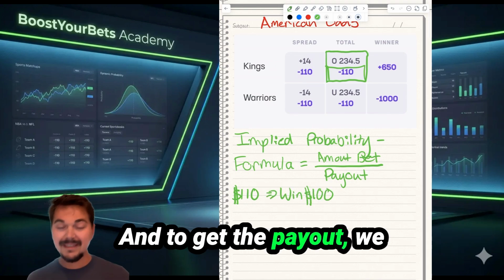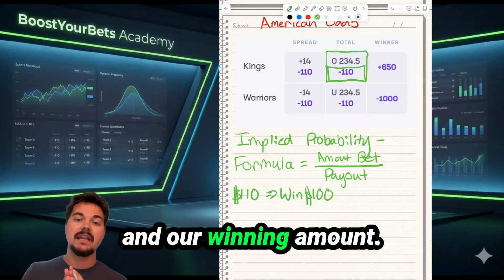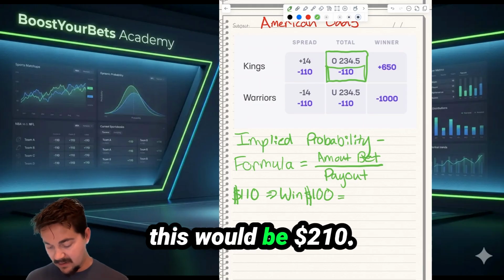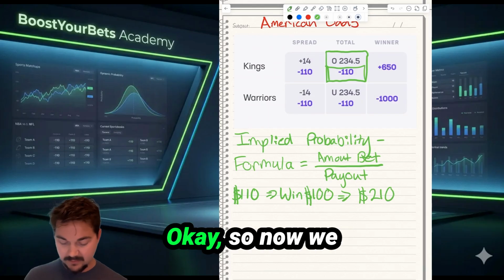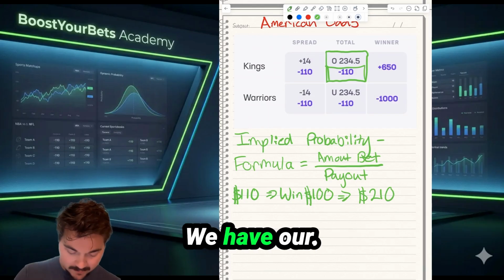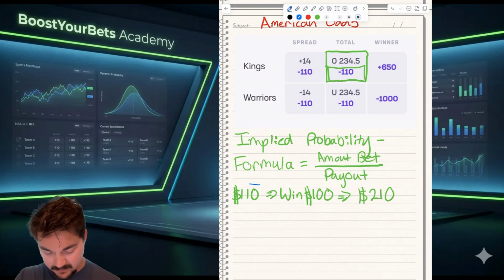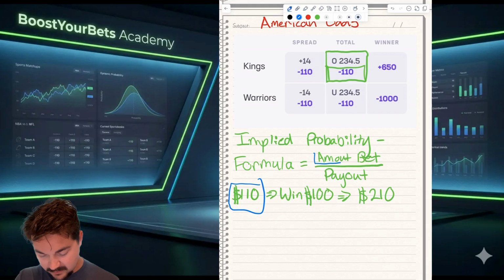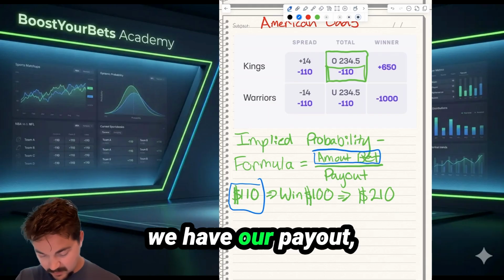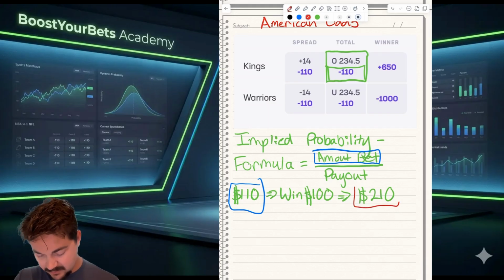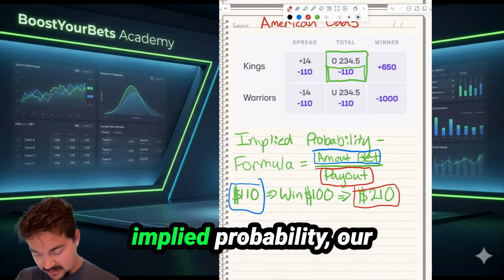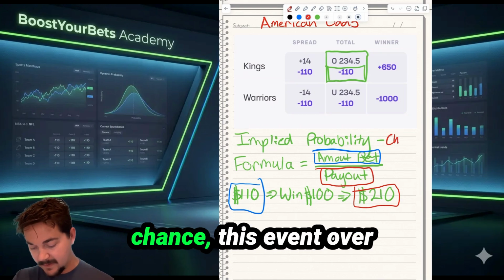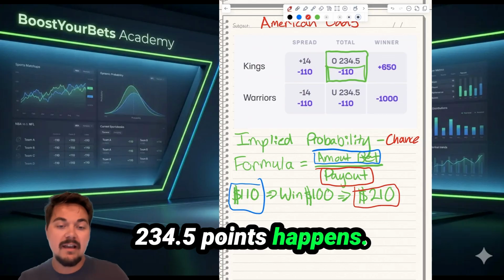And to get the payout, we have to combine our wager and our winning amount. So our payout for this would be $210. Okay, so now we have our numbers: the amount we're betting, and our payout. Now we can get an implied probability or chance that this event, over 234.5 points, happens.